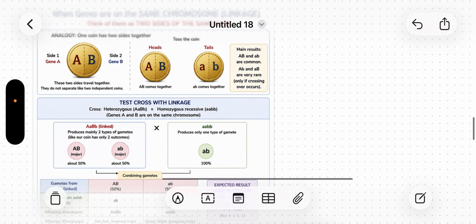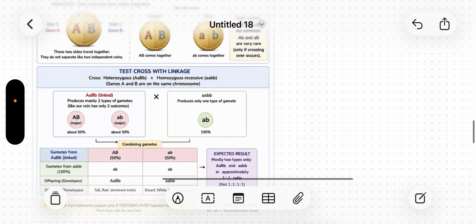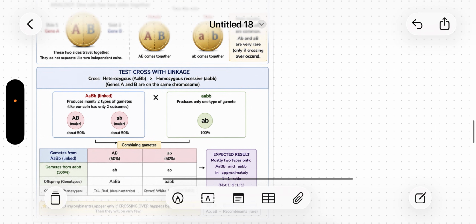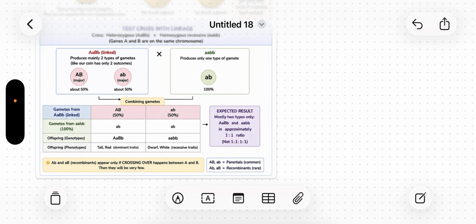Suppose we perform a test cross of individuals where the genes are present on the same chromosome. When genes are present on the same chromosome, we say that these genes are linked genes. When we perform a test cross with this type of genotype, we get offspring, but we don't get a 1:1:1:1 ratio.